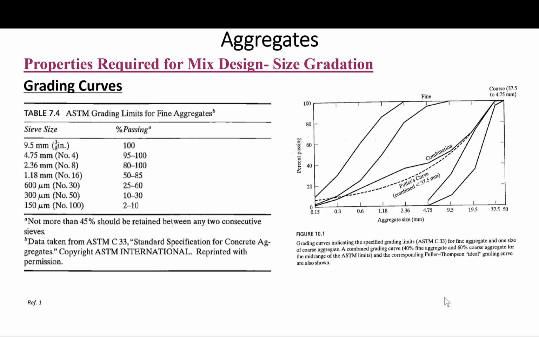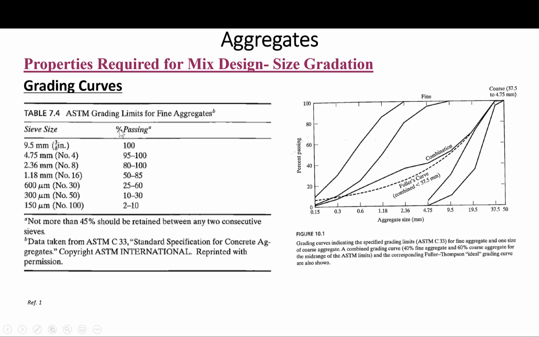So here's the table I was talking about. It can be seen that quite wide grading limits are provided, which allows for adjustment for differences in aggregate shape and texture.